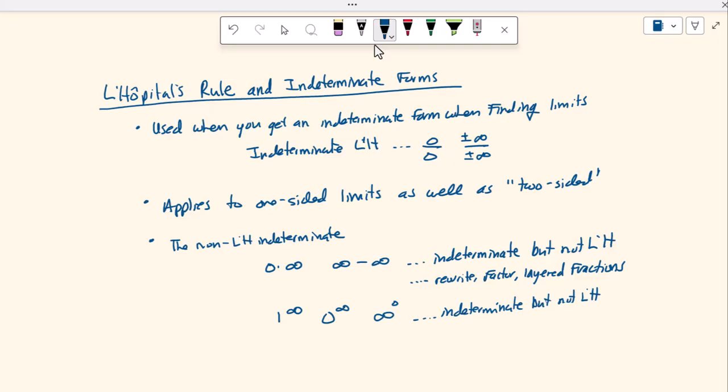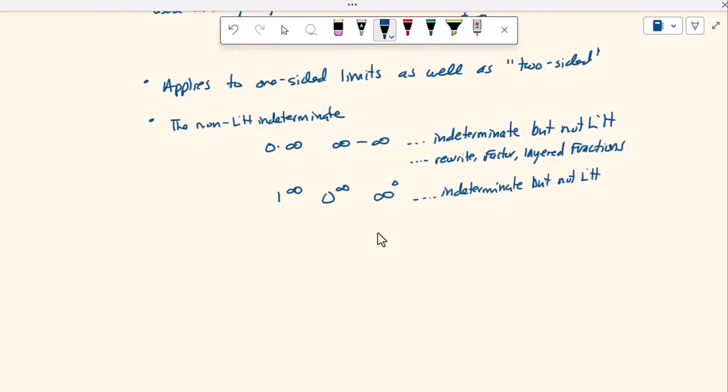Well, these often come from a setup where we have a variable to a variable. So it came from a function that looks like a variable in the base and a variable in the exponent. So for instance, like x to the sine x, or something like sine x to the natural log of x, something like that.